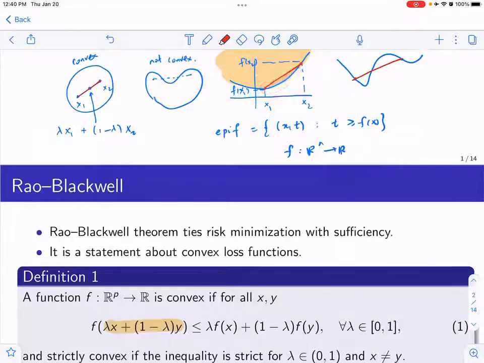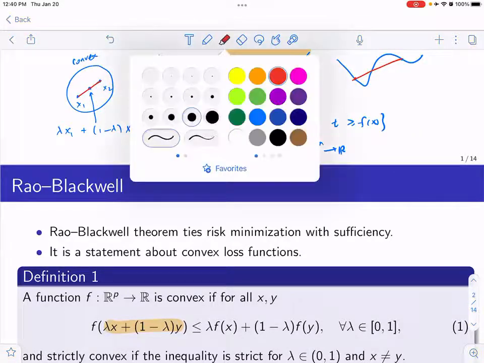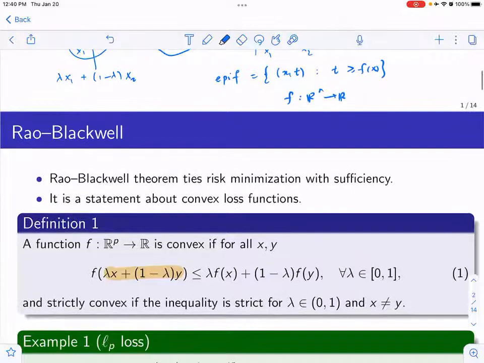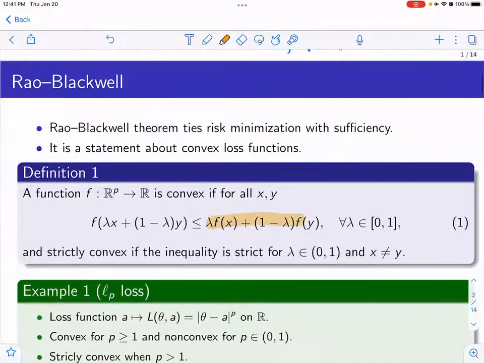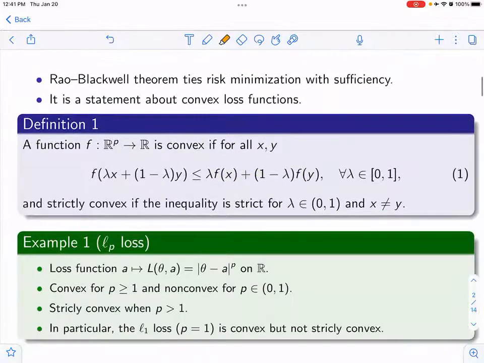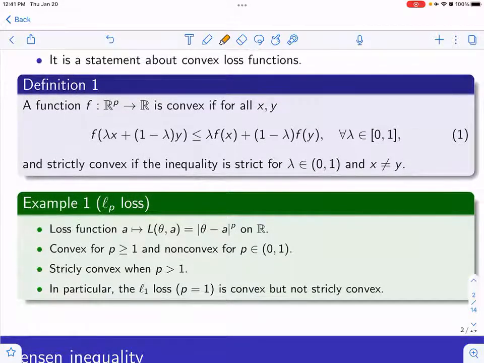The value of the function is below this convex combination, lambda times, 1 minus lambda. If you form the same convex combination of the values of the function, this is basically the value on the line. And so this is saying the line stays above the function. And so we have strict convexity if the inequality is strict, unless lambda is equal to 0 and 1.